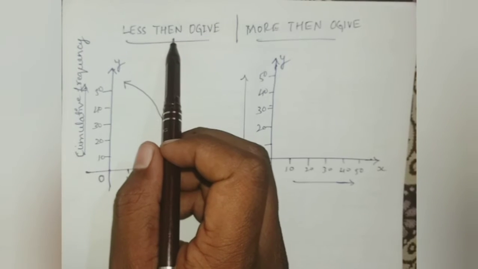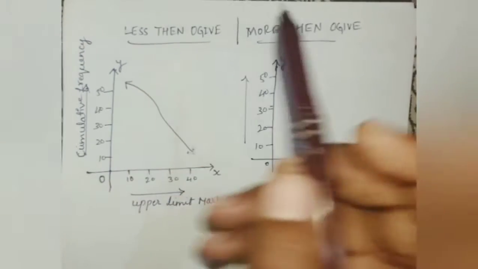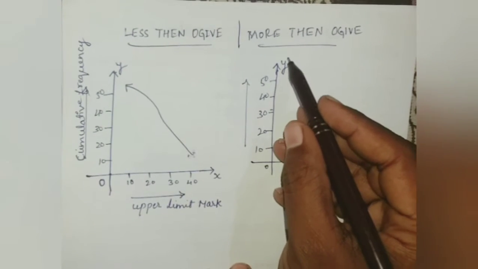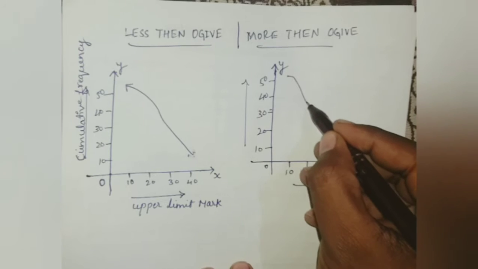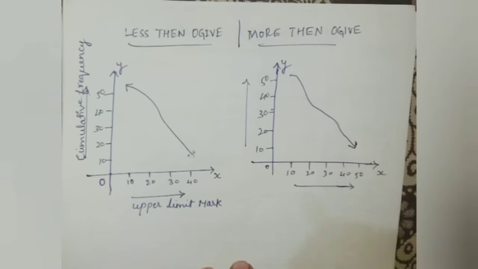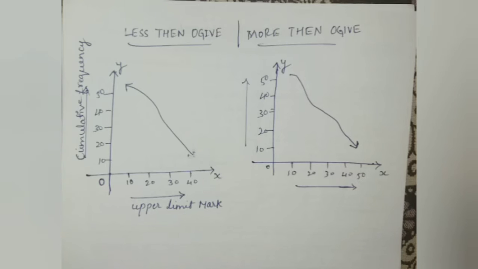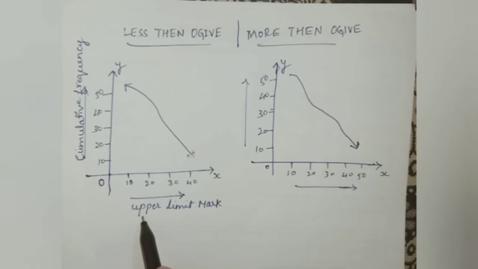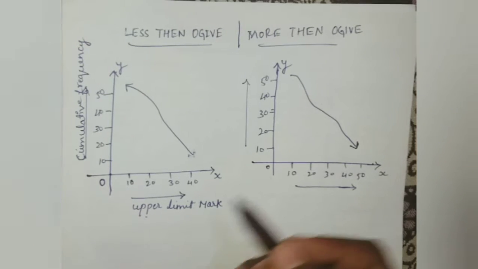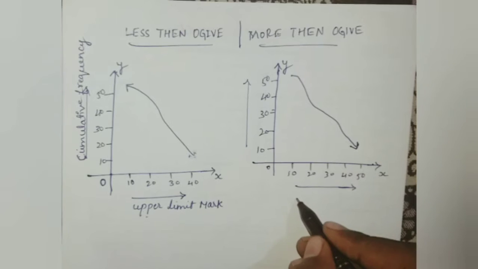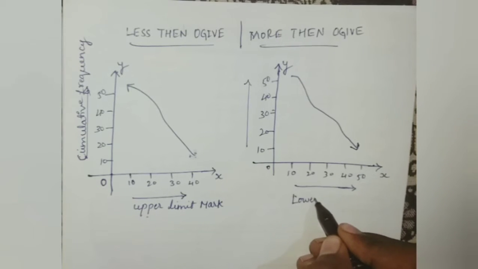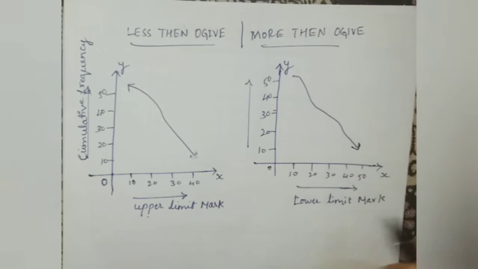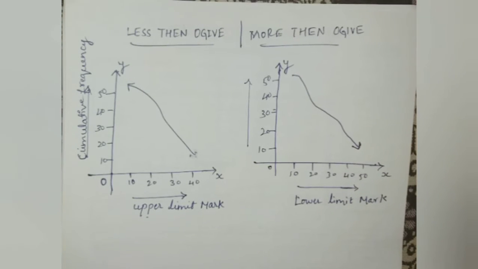While plotting the graph of more than, it will be in decreasing order. Very important. And next, for less than, we consider upper limits, and for more than, we consider lower limits. You people know what upper limit and lower limit are.